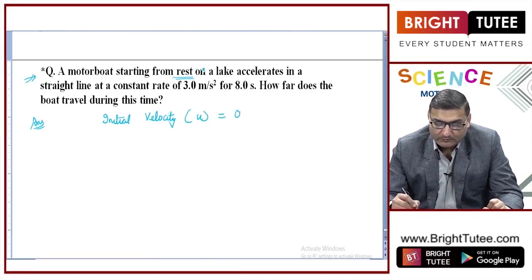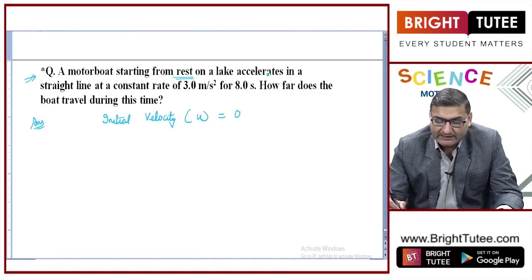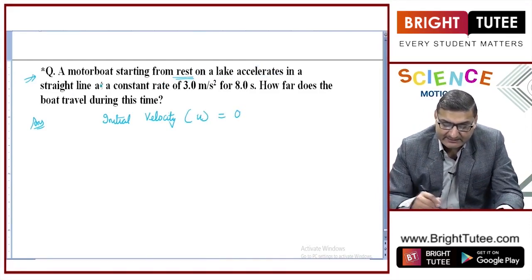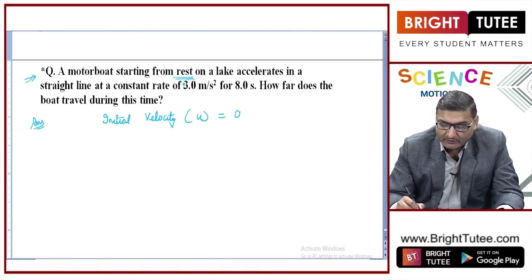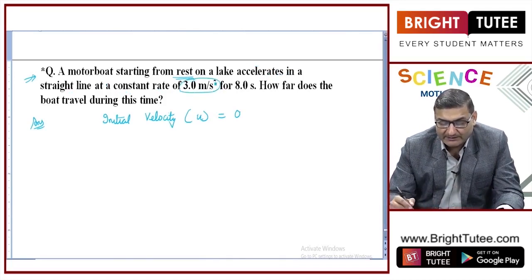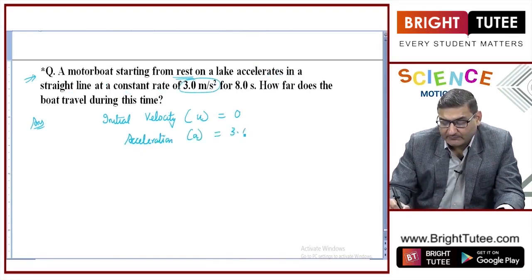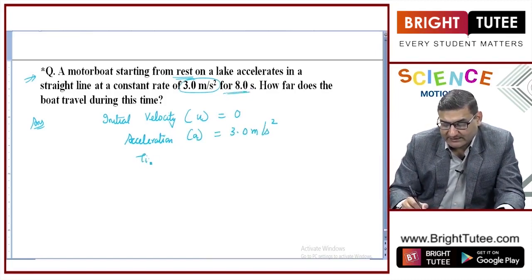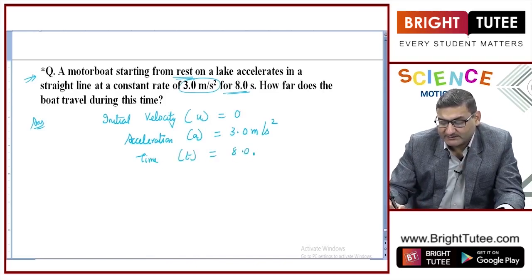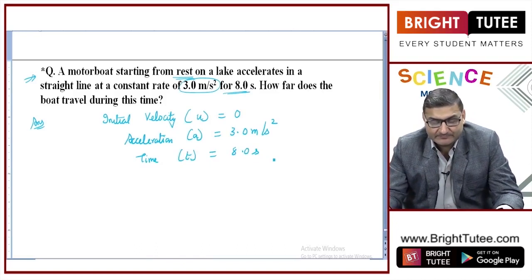Now, the motorboat starting from rest on a lake accelerates in a straight line at a constant rate of 3.0 meter per second square. So, acceleration is given to us to be 3 meter per second square for 8.0 seconds. Time is given to be 8 seconds.